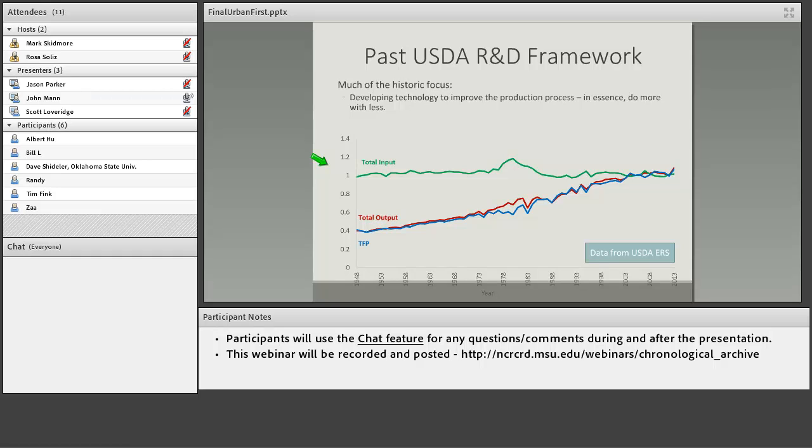So when you think about this idea of total factor productivity, we look at total inputs, which are the green line, and they've basically been flat, and some might argue here roughly around the 80s have actually been declining. However, when we look at total output, the output has been increasing over time, and then the agricultural innovations, which account for some of this idea of total factor productivity, and those things can be a broad array of things, but it has basically filled this gap between the inputs and the output.